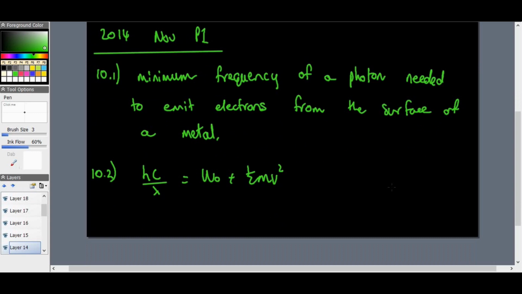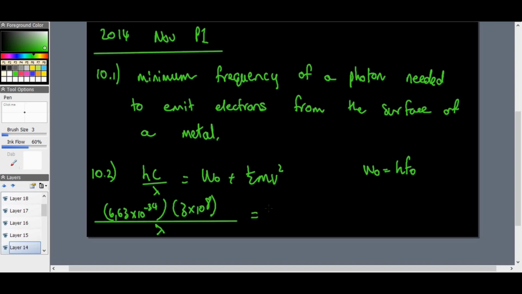I'm going to run out of space here, but let's see how much we can fit in. So we're going to have 6.63 times 10 to the negative 34, all over lambda, 3 times 10 to the power of 8. That's equal to the work function. Now the work function formula is also h times f0, and we were given the threshold frequency. Remember W0 is also equal to hf0.